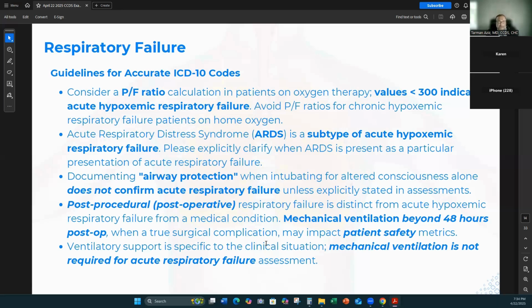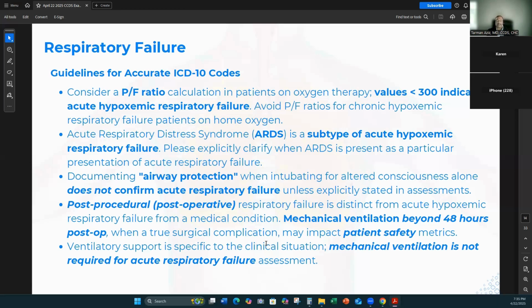And if the answer is no, the patient wouldn't be able to breathe if I were to remove the endotracheal tube right now, then they're already in acute respiratory failure, most likely. And there's no reason to call it airway protection anymore. Airway protection would be for anticipated imminent failure that hasn't actually happened yet.